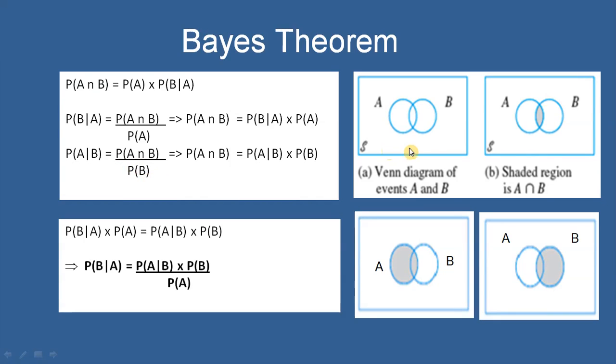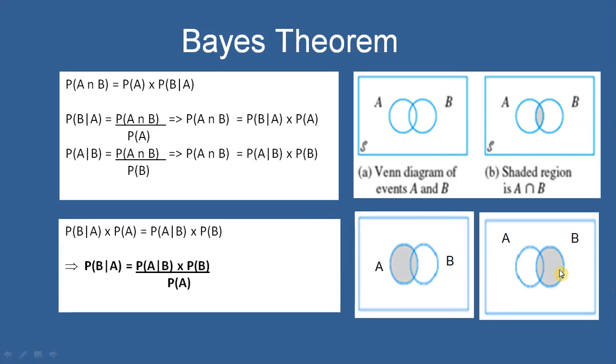This diagram shows the events A and B, and the shaded portion in this diagram is A intersection B. Here event A happens, and the probability that B happens given A happens is equal to A intersection B by the probability of A. So the probability of B given A equals the probability of A intersection B, this common portion, divided by P of A, this shaded portion.